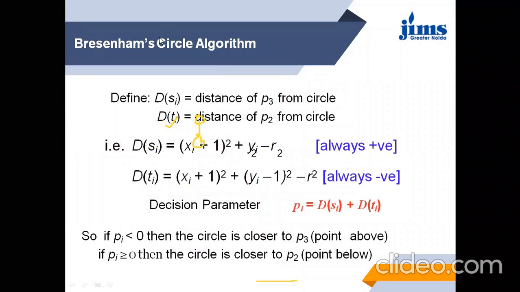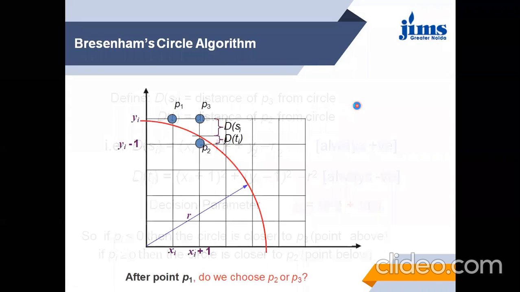So same thing, whatever we are doing over there: DSI, distance of P3 from the circle. This is P3, and this is the point on the circle.